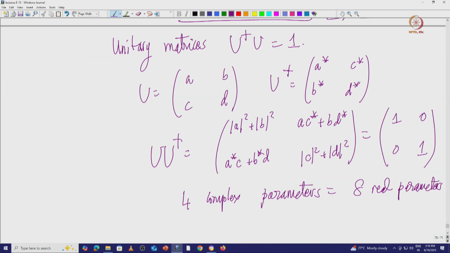And then there are these 4 conditions, and all 4 are independent, because one is a c star plus b d star and the other is a star c plus b star d. So you have 4 conditions.